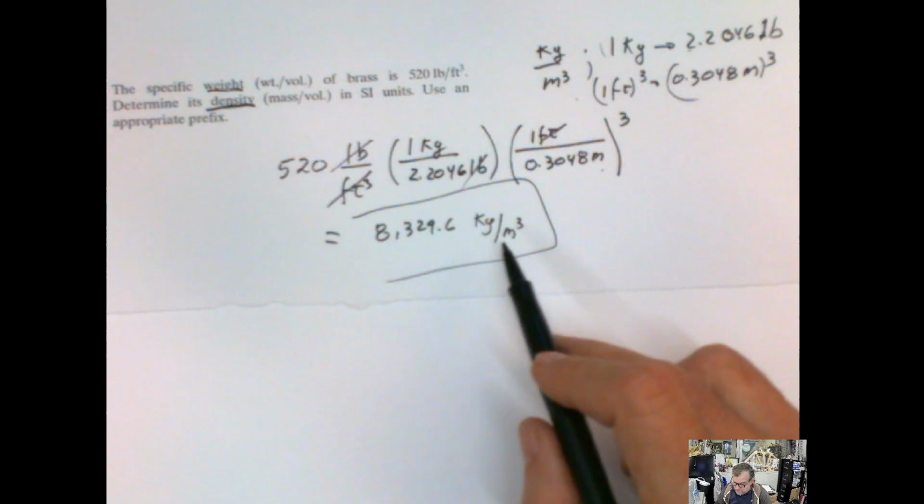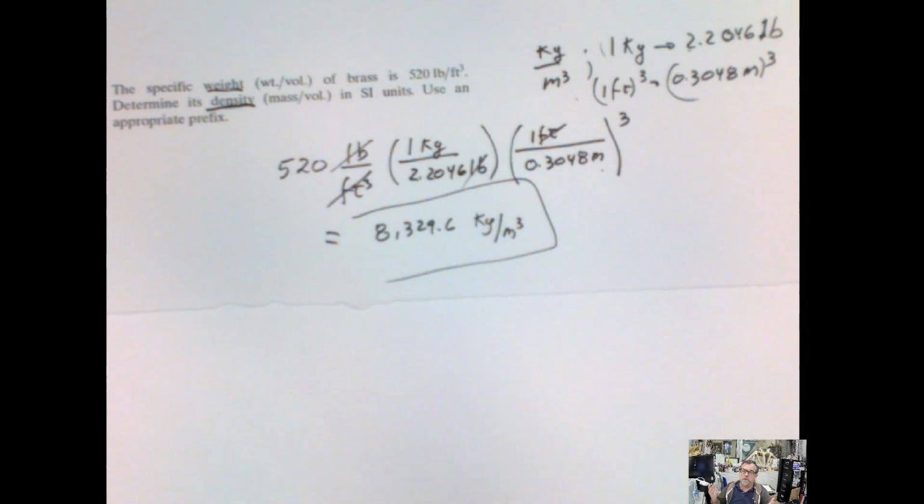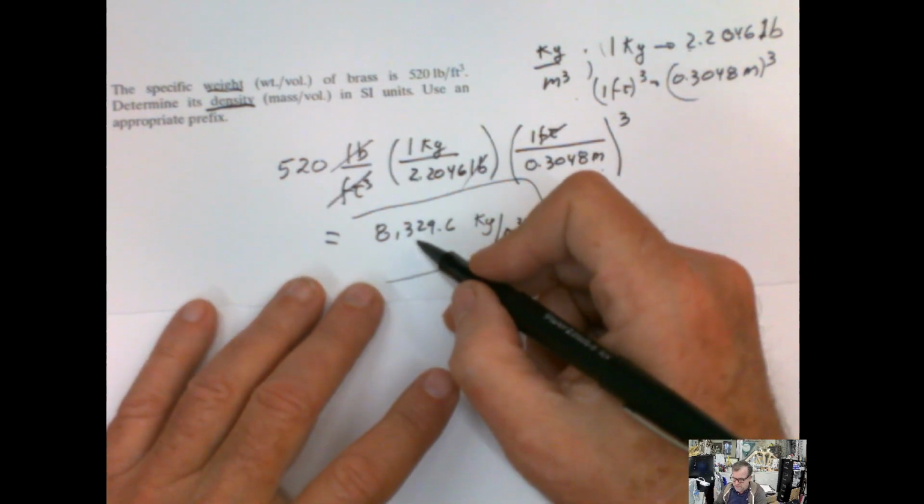But the problem is asking you to express this in the appropriate prefix, meaning between 0.1 and 1000, that number.